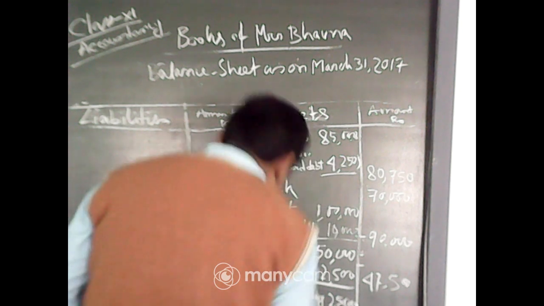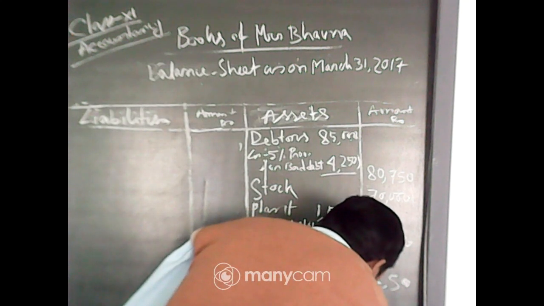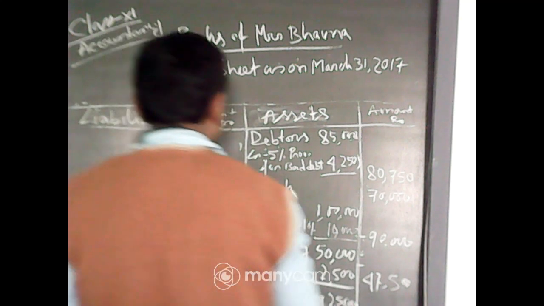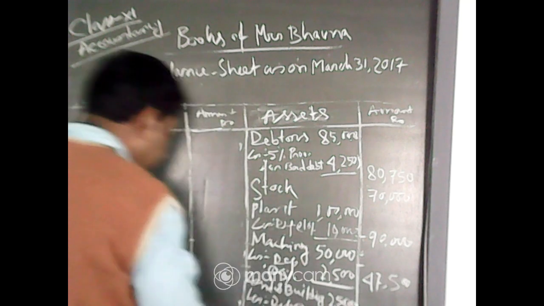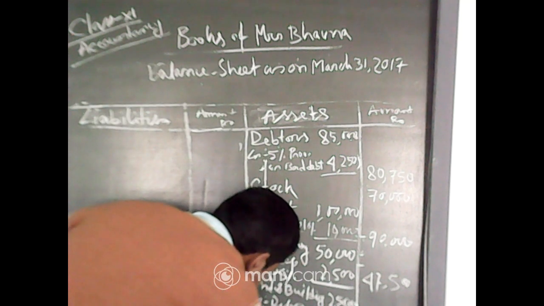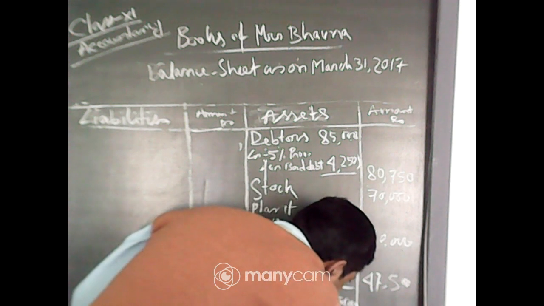Depreciation will become, and write outside that is 2,25,000. Now next there is investment 20,000. Investment 20,000, write in outer column.